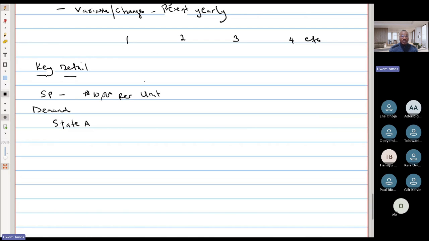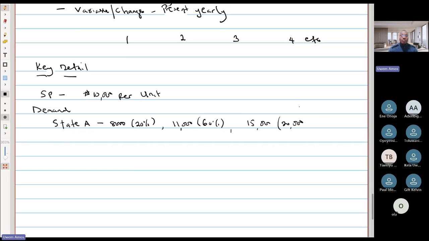Okay, so state A, we could have a demand of 8,000. The probability of that happening is 20%. We could have a demand of 11,000. The probability of that happening is 60%. We could have a demand of 15,000. The probability of that happening is 20%. And that is the first state, the first possible option that we have available to us.